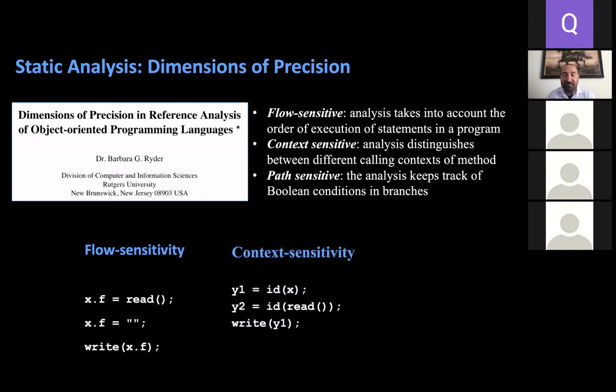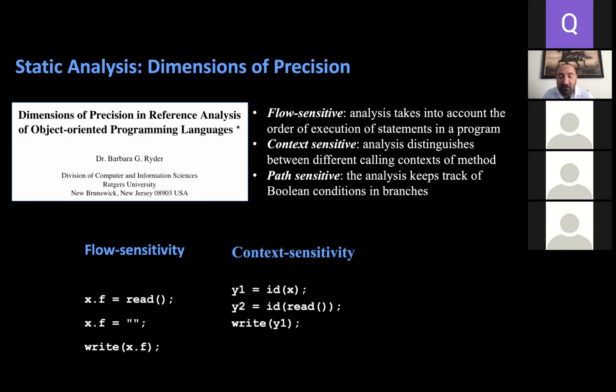Another one is context insensitivity. Here we have an ID function, the identity function, that returns the same value that was passed as an input. At the beginning, we have a call to ID which returns Y1, and then a call to ID that returns Y2, and Y2 is confidential for the same reason as before.